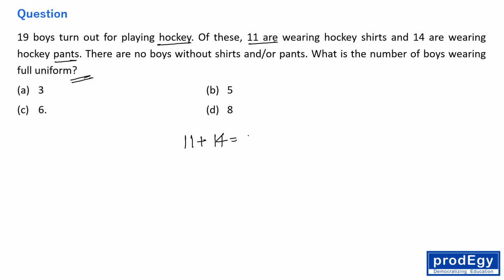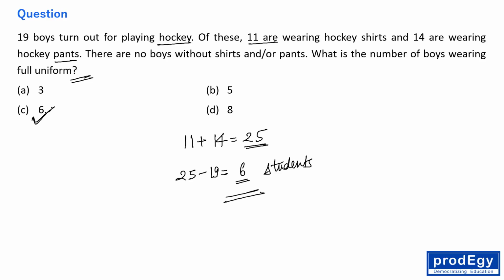So 11 plus 14 is what? 25, right? So the total number of students is how many? 19. So 25 minus 19 is 6. So 6 students are wearing both the things, I mean shirts as well as pants. It means the complete uniform, right? So 6 students are wearing complete uniform, shirt as well as pant also. Fine. This is the answer, right?